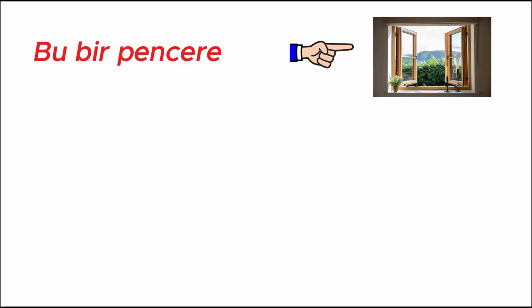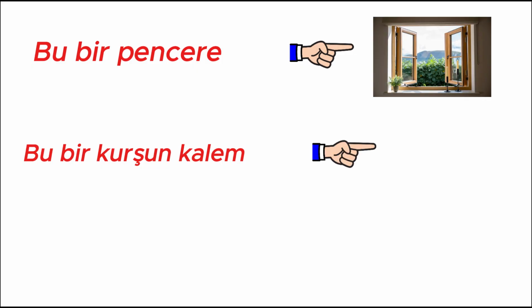Alright guys, so let's do some more examples. Bu bir pencere. This is a window. Bu bir pencere. Very good. Bu bir kurşun kalem. This is a pencil.